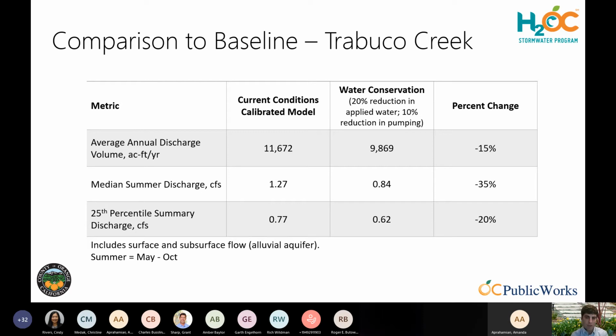So they saw a similar reduction in average annual discharge, a little bit more than what we saw, and a very similar median summer discharge. And this is, I apologize for the misspelling here, this is supposed to be 25th percentile summer discharge, and also saw that reduce. So that's the take here.